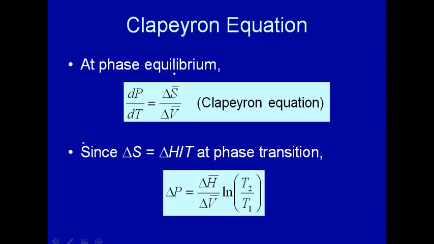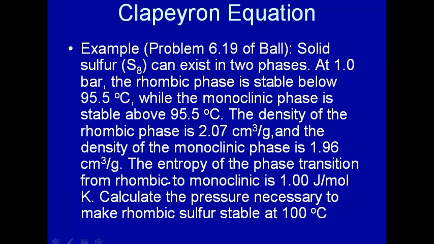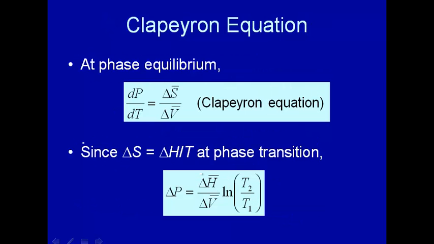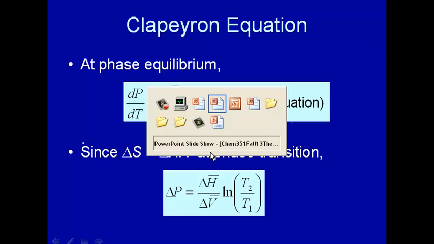Here's the delta S, but we know at the phase transition, remember we said before, at the phase transition, delta S is delta H over T. All right, so let's go ahead and redo this, putting in a delta H instead of the delta S. So at the phase transition, dP/dT, by the Clapeyron equation, is delta S partial molar over delta V partial molar.